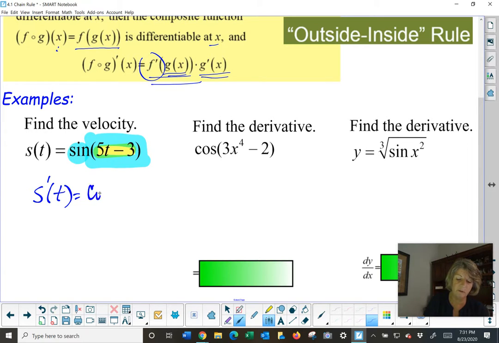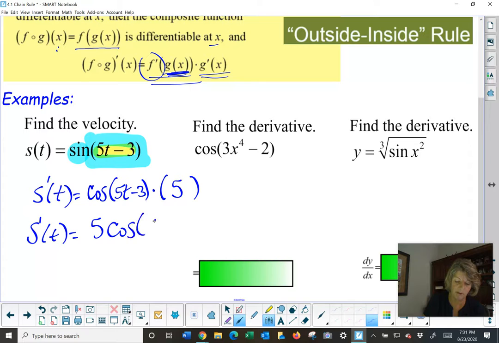Derivative of sine becomes cosine. Leave that g of x alone, the inner function. Chain off, so we should get a multiplying, and multiply by the derivative of 5t minus 3, which is simply 5. And then let's organize it in a nice mathematical statement. So 5 times cosine 5t minus 3.